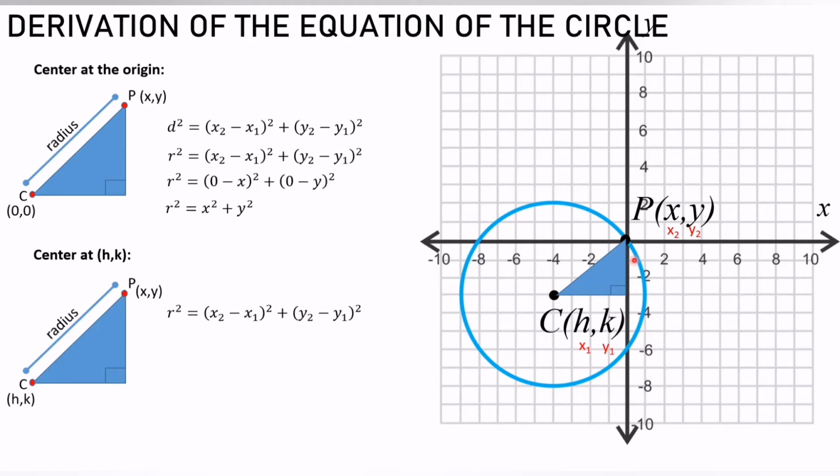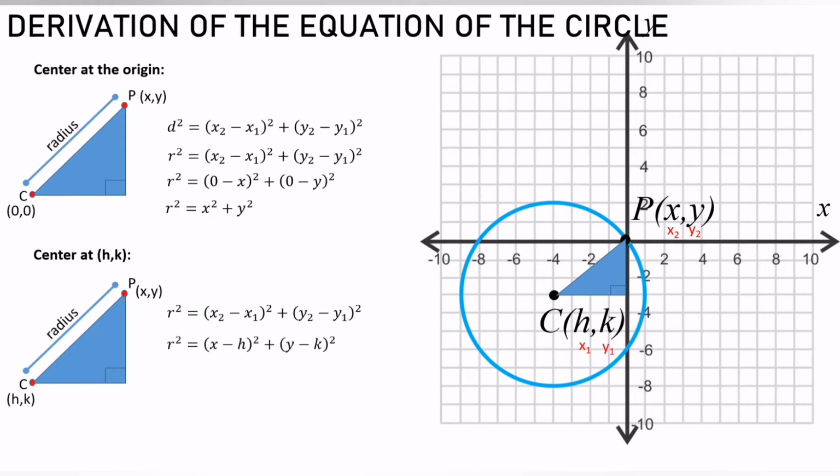Our x sub 2 here is our point along the circle, that's x, and our x sub 1 is the x coordinate of our center, which is h. Y sub 2 is the y coordinate of our point P, that's y. Our y sub 1 is the y coordinate of our center, which is k.